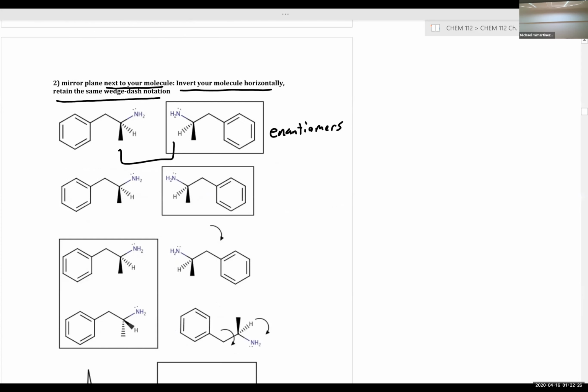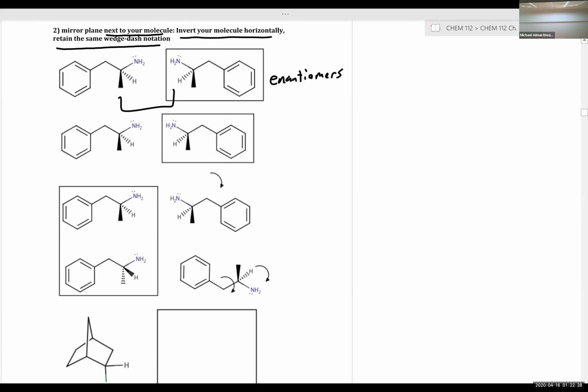So to showcase in fact that these two molecules are enantiomers, let's compare via rotation. Let's showcase this. And I really find seeing is believing.